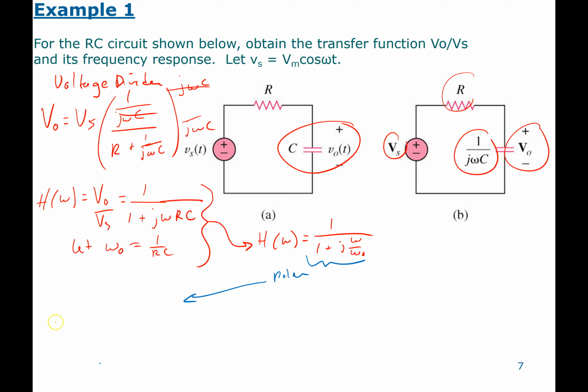Let's think of this as the magnitude, which is the square root of 1 plus omega over omega 0 squared, with an angle of the arctangent of omega over omega 0.